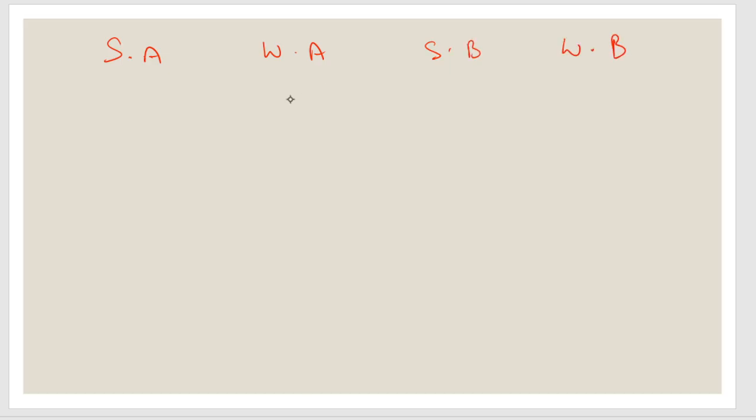If we consider the weak acids, H2C2O4 oxalic acid is a weak acid, HCN is a weak acid, H3PO4 is a weak acid, and CH3COOH is a weak acid, H2S is a weak acid. All these are the weak acids, and even H2CO3 is a weak acid.